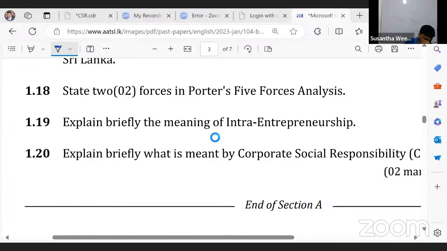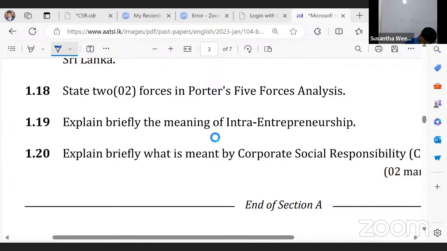They are coming with some creative ideas, right? Mainly employees can come up with creative ideas for innovations. Now, that is within the organization, right?